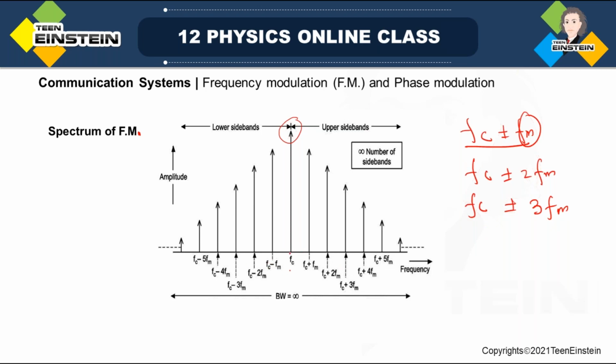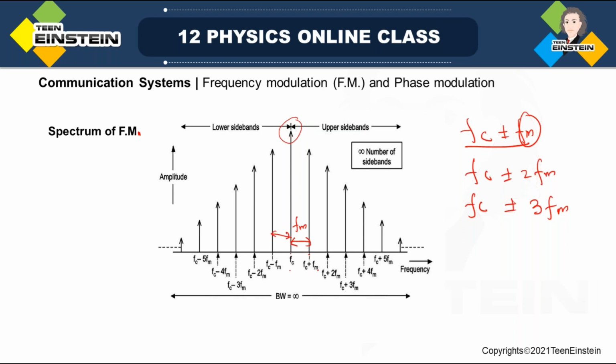Each of them, if you look here, this is the fc, and fc and fc plus fm are separated by fm. Again, if you look this side, they are equidistant.